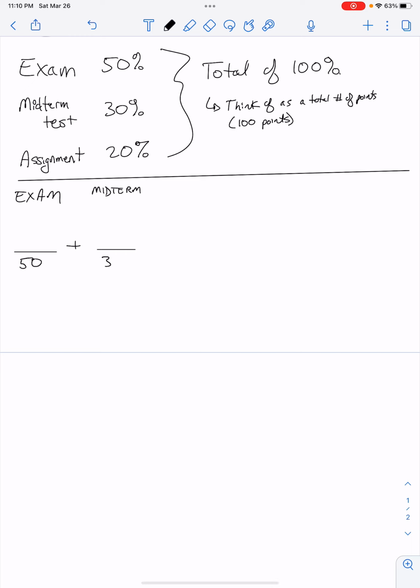And there I've got a maximum of 30 possible points. And we have an assignment, and that's got a maximum of 20 points, is all equal to 100. And this will be our final grade.